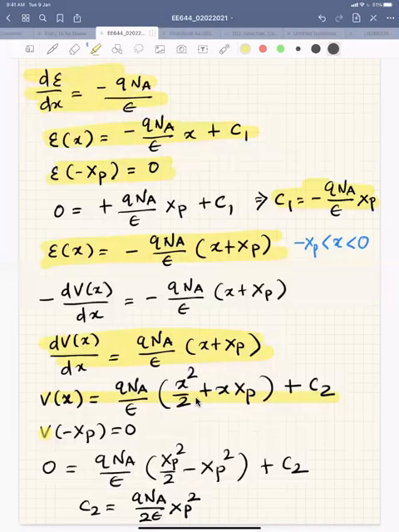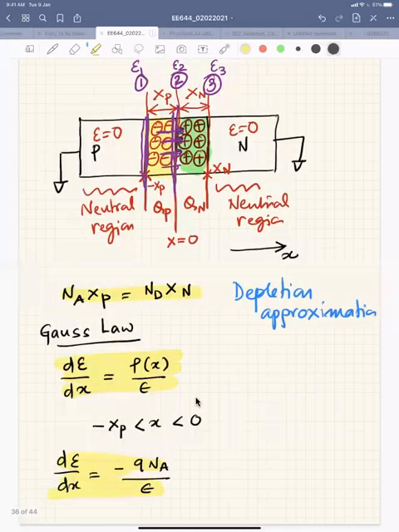Now if you look here, I'm not applying any voltage across the contacts, so the voltage here is 0. There is no voltage drop in the neutral region, so at this edge the voltage will also be 0.